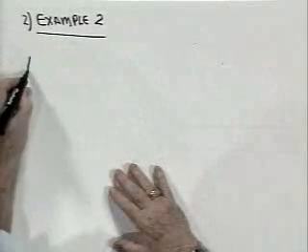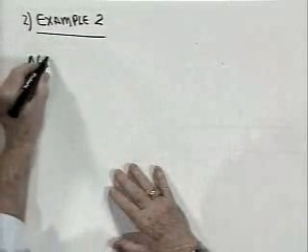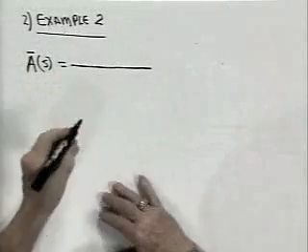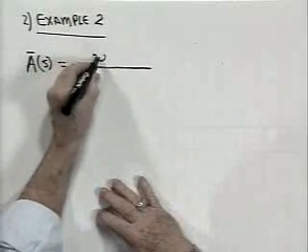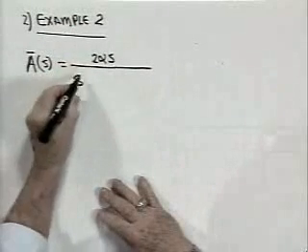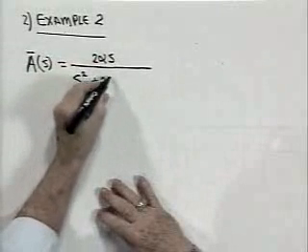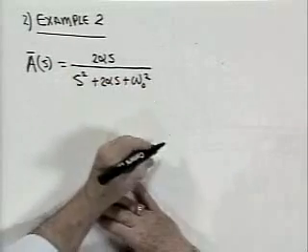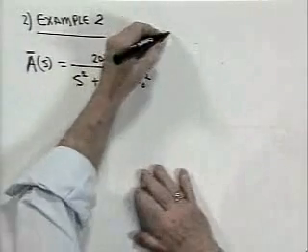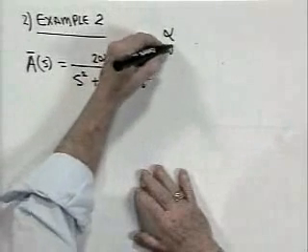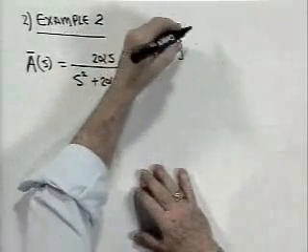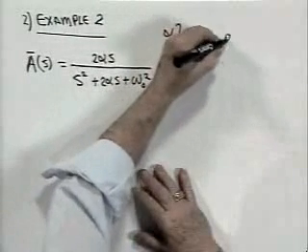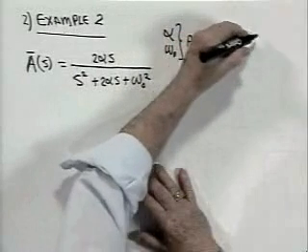For this one, I'm going to assume A of S. We'll come back later to the circuit. But A of S in the form of the ratio of polynomials is 2 alpha S over S squared plus 2 alpha S plus omega naught squared. And for our purposes at present, alpha and omega naught are positive real constants.